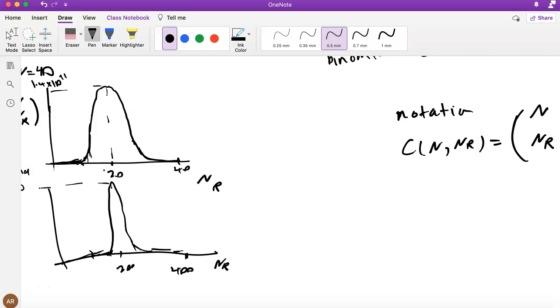So this distribution becomes narrower and narrower, and it becomes more and more unlikely for a state to be found in one of these configurations here, where nr is much smaller or much larger than n/2.